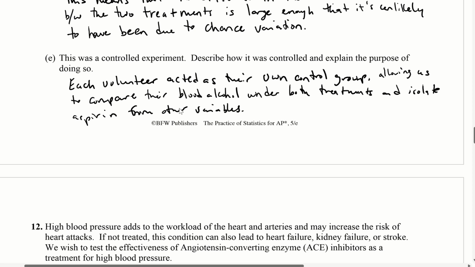Okay, so if you said something like each volunteer was their own control group, we compared before and after, or both treatments, that's fine.